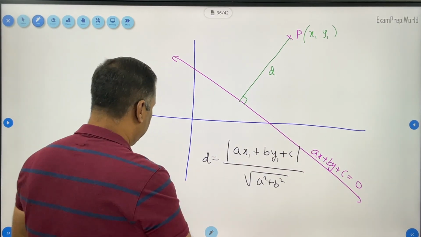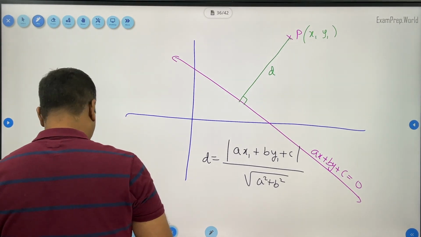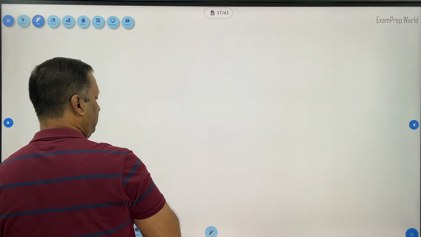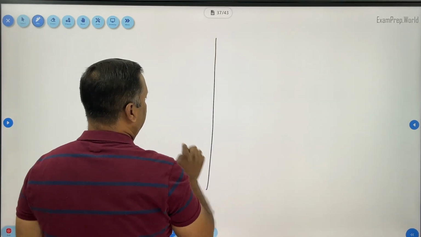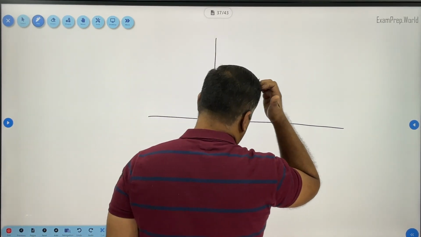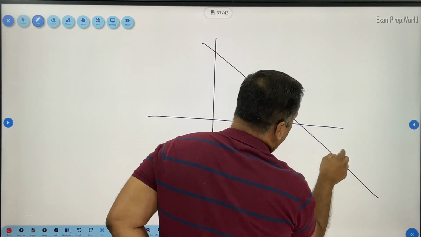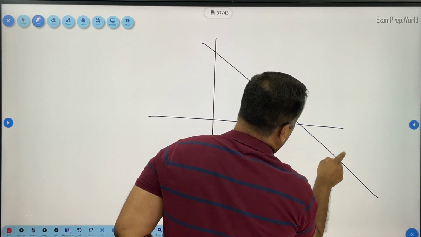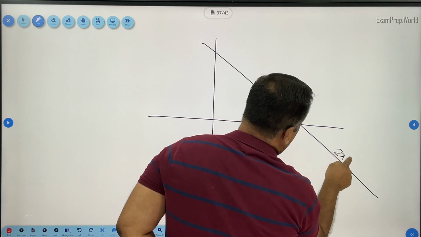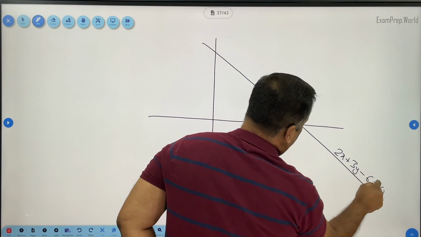Okay, so let me add one more page here. So we have our coordinate axis here. Let us take one line. This is our line, 2x plus 3y minus 6 equal to 0.